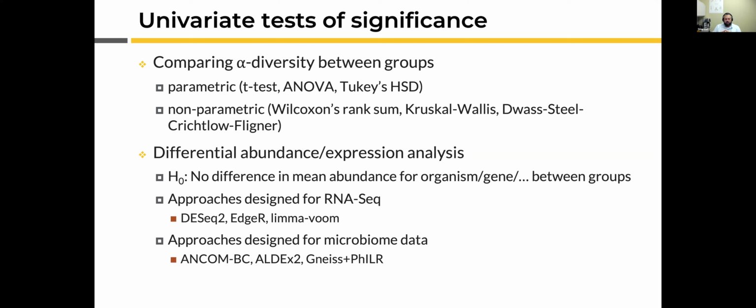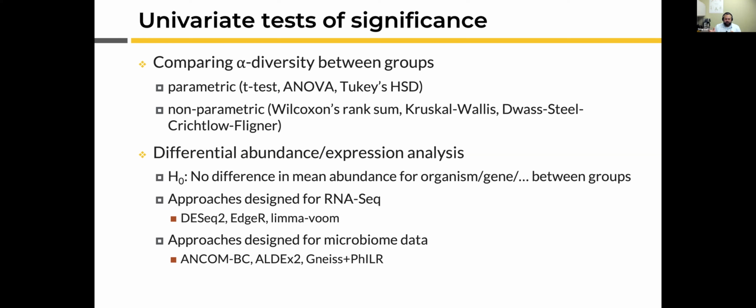You're running one statistical test for each organism or gene that you've measured. And so the basic hypothesis, or H naught, for each of the tests is there's no difference in average abundance for the organism or gene between the two groups that you're interested in.